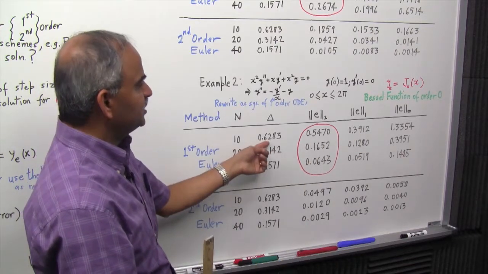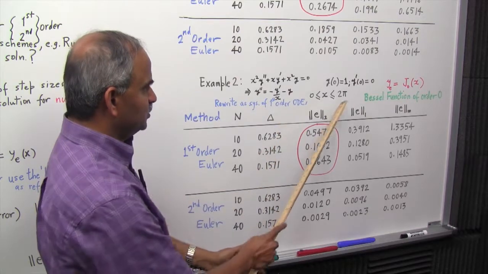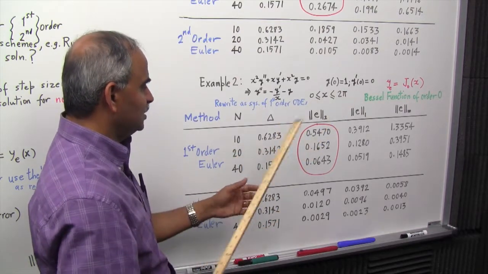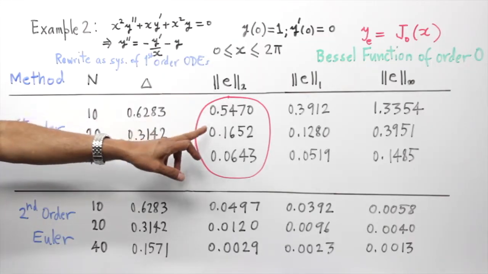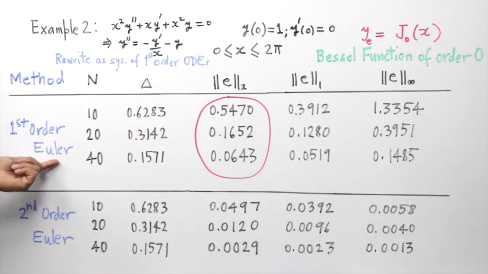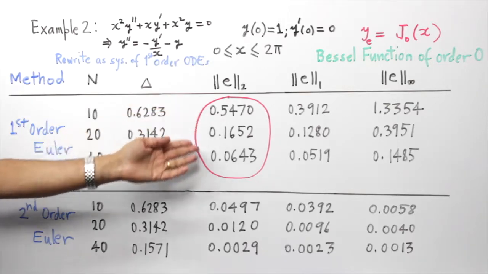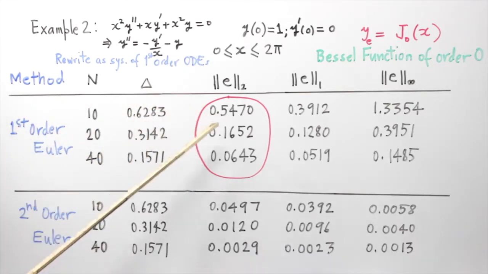And so this is the step size that you have when you take 2 pi and divide it into 10 intervals and so on. And the 2 norm of the error that we compute using first order Euler method is found in this way. We start with an error which is like 0.5.